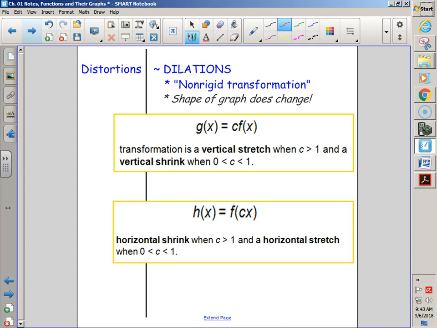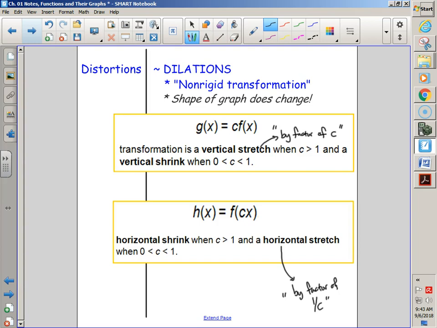I'm going to put a quick little vertical stretch by a factor of c and horizontal stretch by a factor of 1 over c. The horizontal one is unexpected.